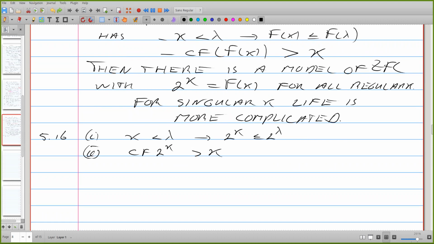I keep repeating this because it's quite important. And what I've just mentioned is that for regular cardinals, this is the best you can do. Nothing else can really be proven about them. Anything that satisfies these two conditions can be the continuum function for regular cardinals. I will not be able to do that particular consistency result, but it is one that you can study later if you want to.